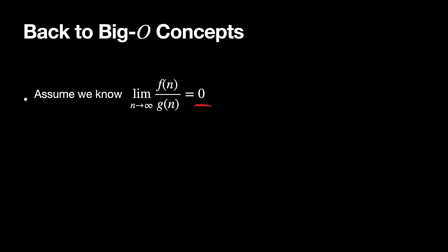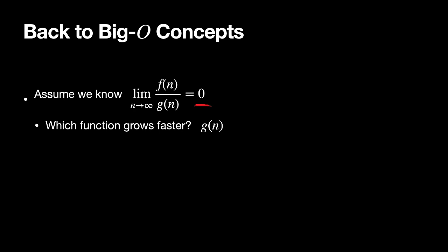So if we know this is true, what can we say about the functions? Which one grows faster? From your experience in calculus, you can pretty clearly say that g must grow faster than f. The denominator of the fraction is gradually eating away at the numerator until eventually it's insignificant.